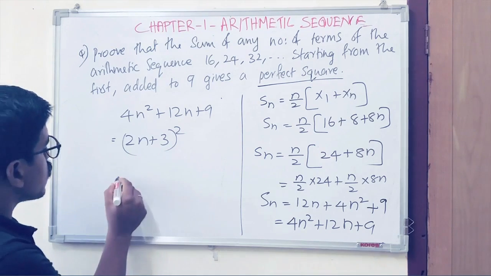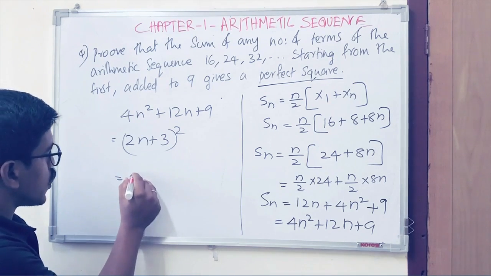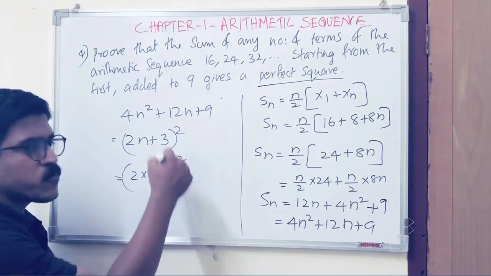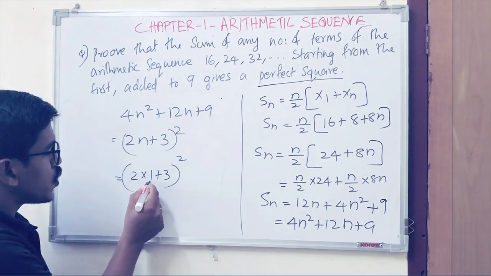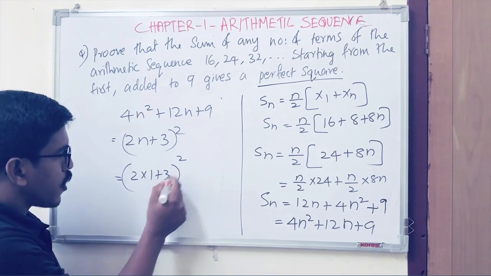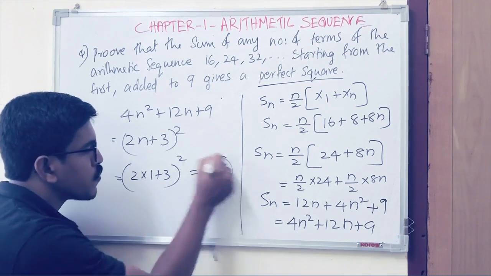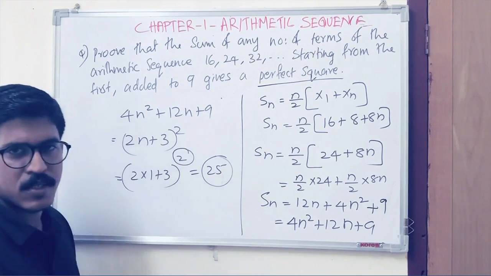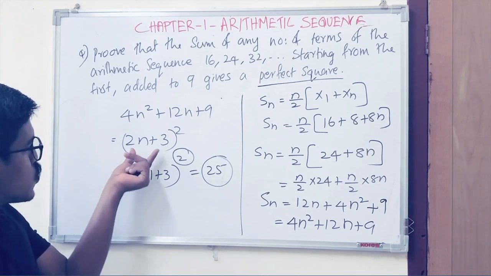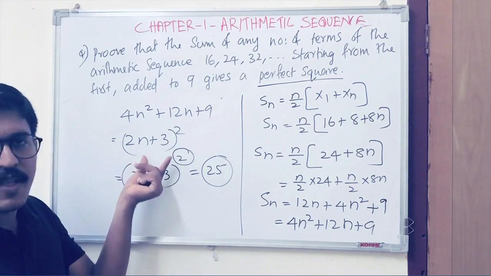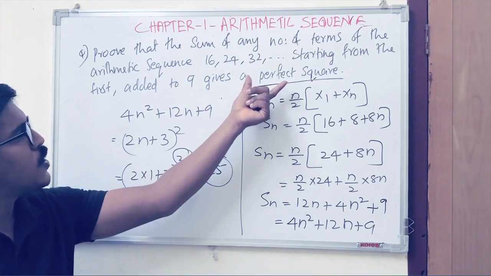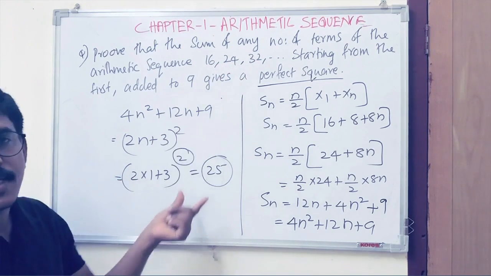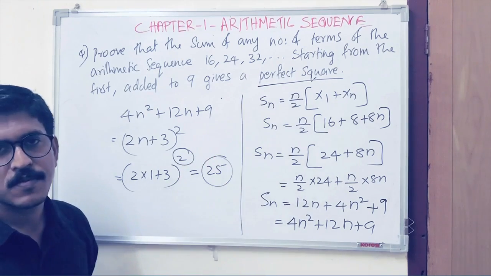We can check it: if I put n equal to 1, 2 into 1 plus 3 squared, that means a perfect square only will come. 2 into 1 is 2, 2 plus 3 is 5, 5 square is 25. So this is a perfect square. We don't need to check it because the square is already here. So we got it as (2n plus 3) whole square. So clearly we can say that if you take the sum of all the terms and add 9, we will get a perfect square itself.